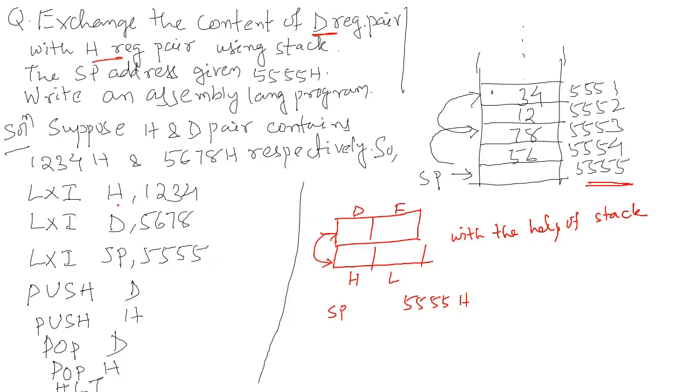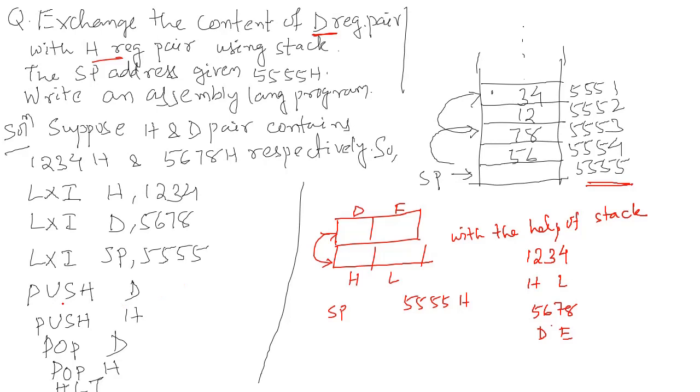In the register pairs, suppose we take the data 1, 2, 3, 4 for HL and 5, 6, 7, 8 for DE. Any data you can consider. Ultimately, what we have to do is exchange these two data with the help of stack operation.